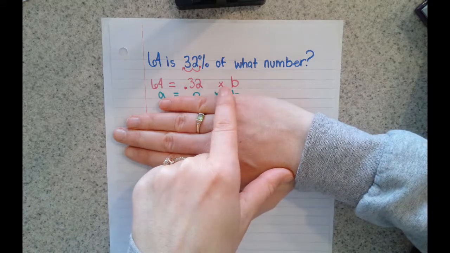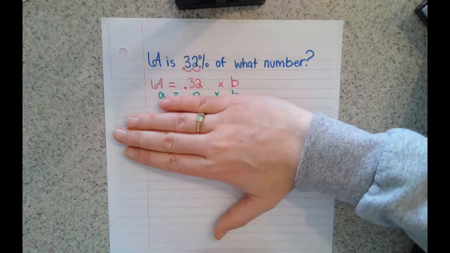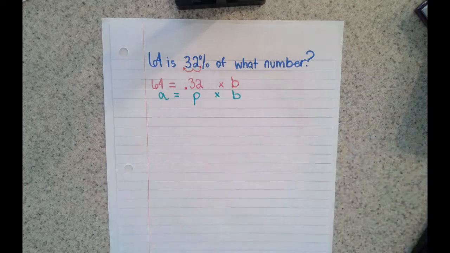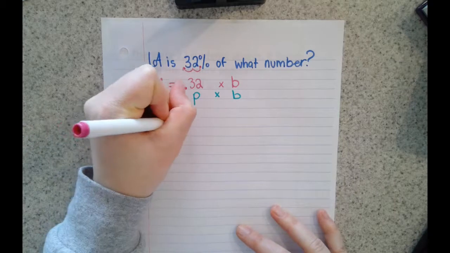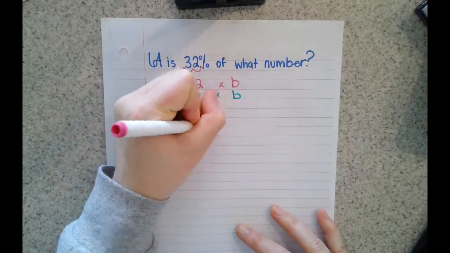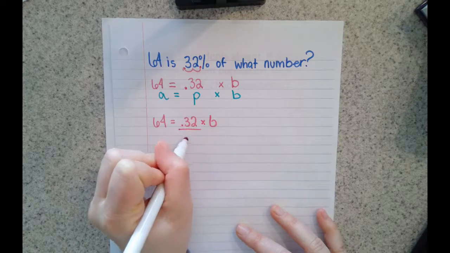This currently is a multiplication problem. So if I want to move the 0.32 over, I need to do division. This is what that looks like. 64 equals 0.32 times base. I'm going to divide by 0.32.